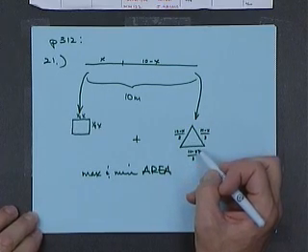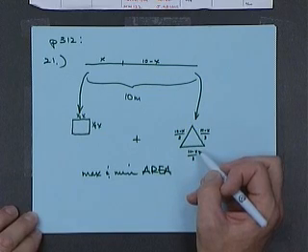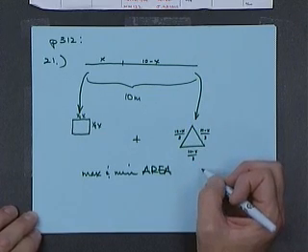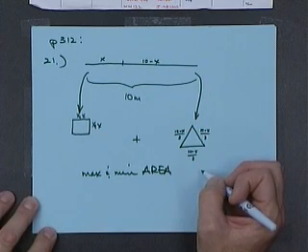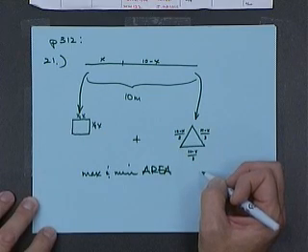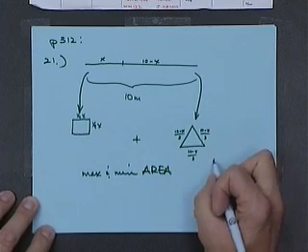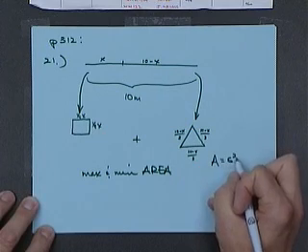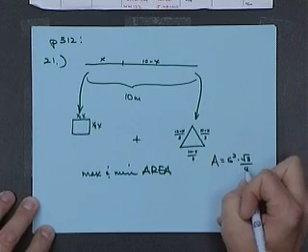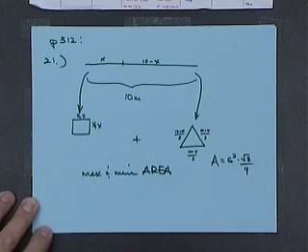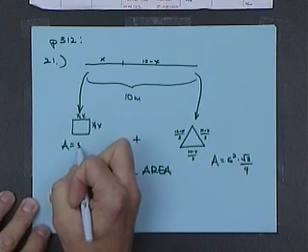I think this came up in a problem before. Side squared times the square root of 3 all over 4. Maybe that didn't come up in a problem. Okay. So there's the area of an equilateral triangle. The area of a square is just side squared.